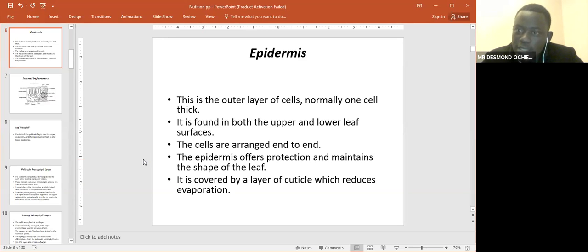In a dry environment, for instance, plants do not have their stomata on the upper epidermis, but they are usually found in the lower epidermis. While in those plants growing in areas with a lot of water, their stomata are evenly spread on the upper epidermis, and very little or none at all is found on the lower epidermis. So that is all about the epidermis.